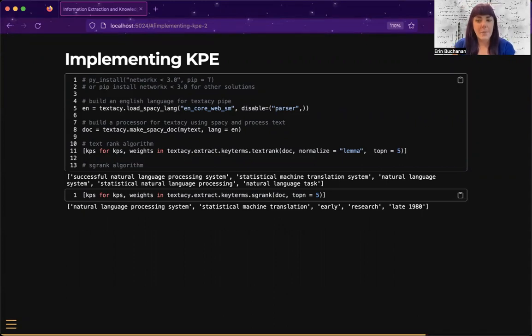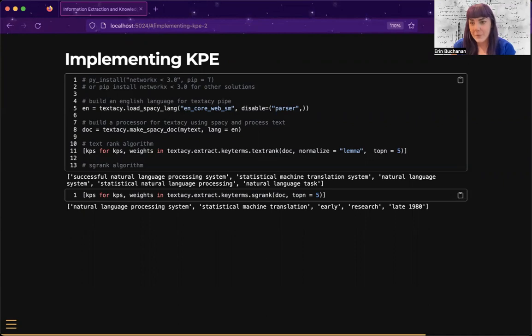So I'm going to show you two of them: TextRank, very popular, and SGRank, also very popular. We're going to get the key phrases, a combination of key phrases and weights; we could tell it to also print the weights, but we didn't. Are you ready for this? textacy.extract.keyterms.textrank.